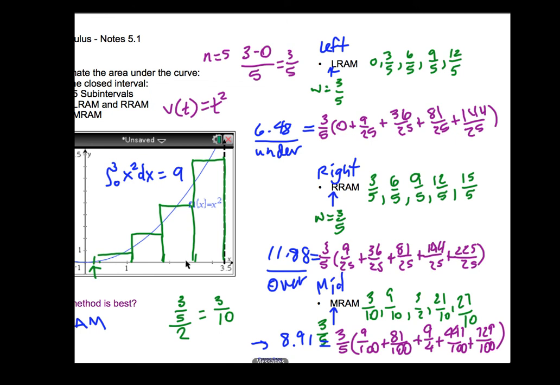And definitely that midpoint approximation is the best one. So a lot of the stuff that you're going to do is going to take a little bit of paper. It's going to take a little bit of time, but you've got to hang in there with it, because this is giving you the foundation for how the integrals are going to work.